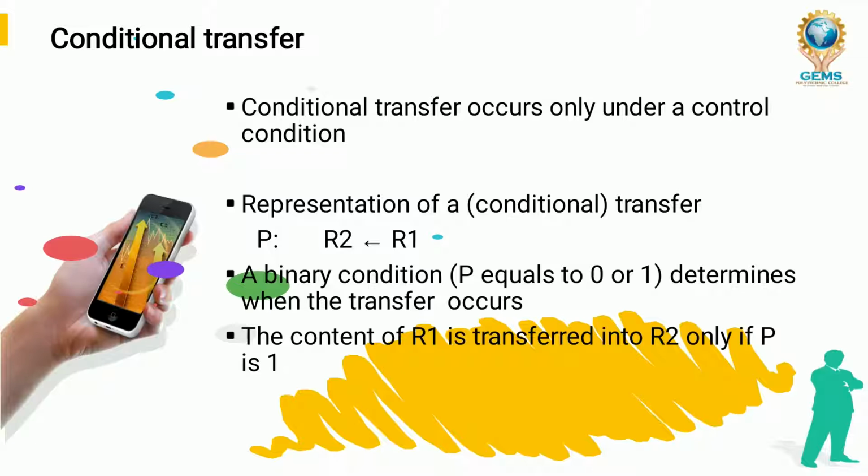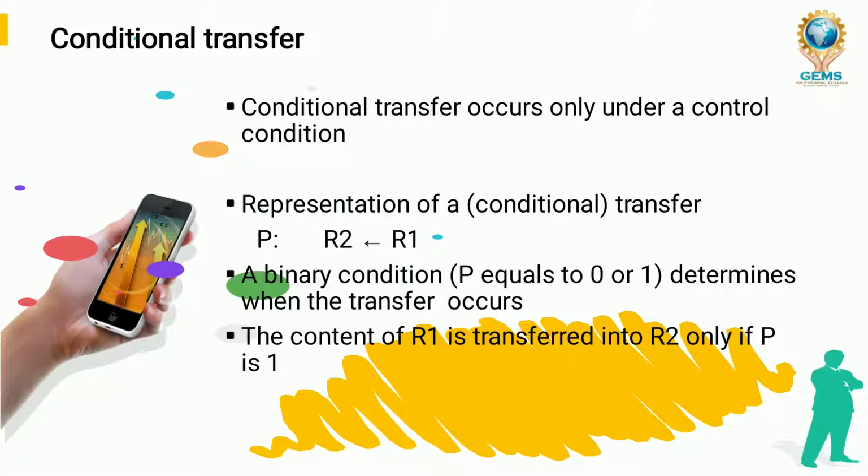Then R1 data is stored into R2. This is a notation, and a symbol is there. What is the symbol? The arrow symbol. R1 and R2 both are notations, and between them is the arrow symbol. Using these notations and these symbols, we are transferring data from R1 to R2. This is called register transfer language.